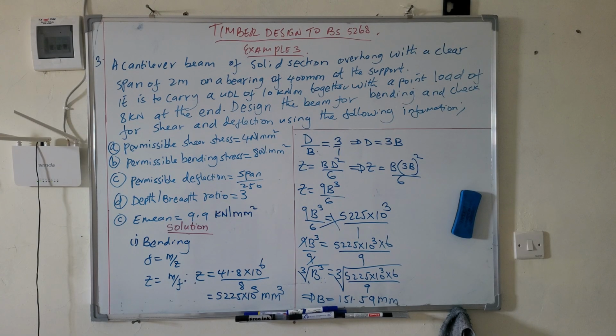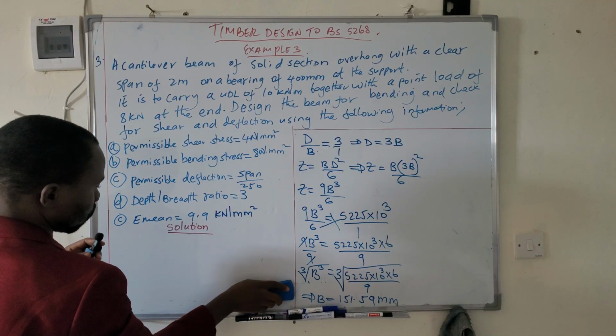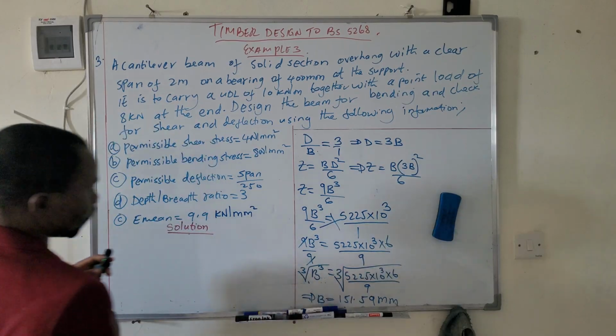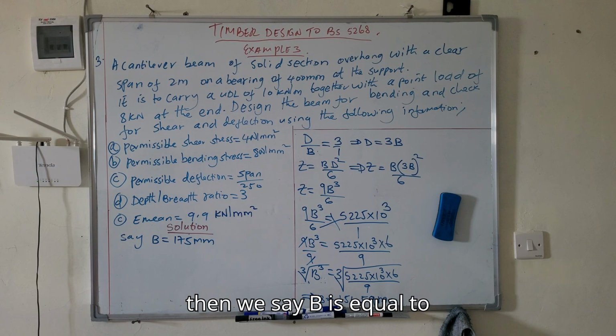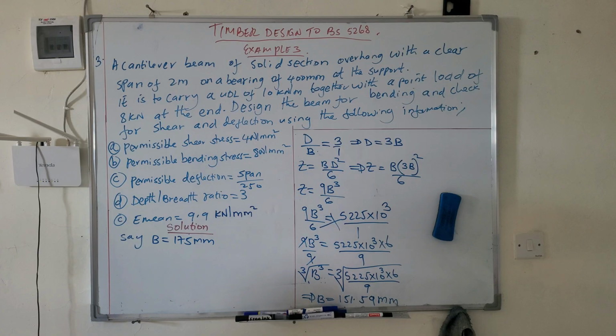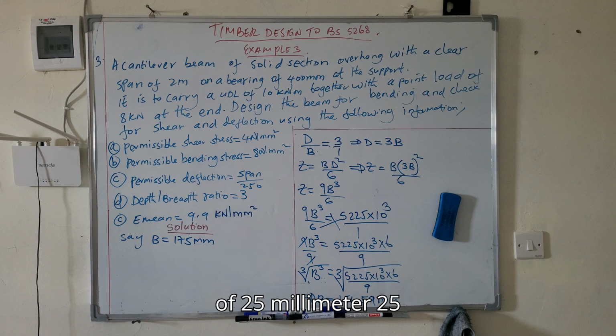Then we say B is equal to 175 millimeter because we always take a section in a multiple of 25 millimeter.